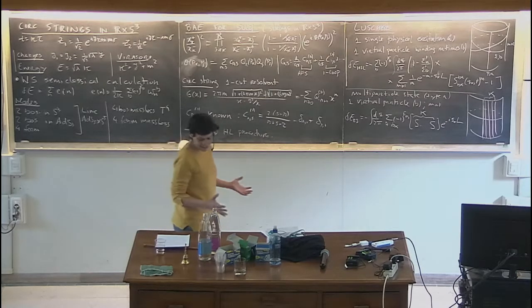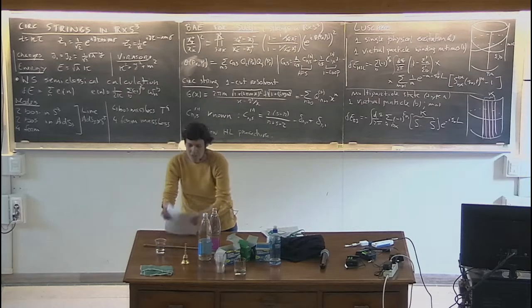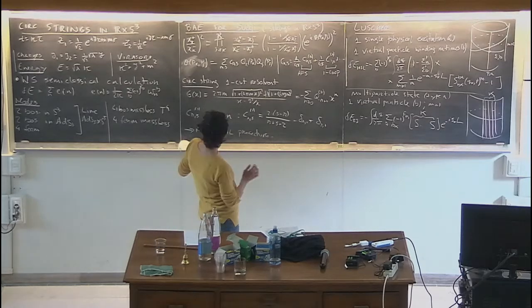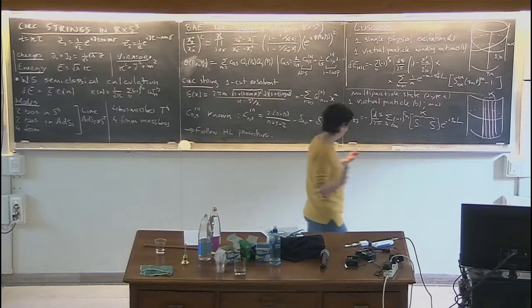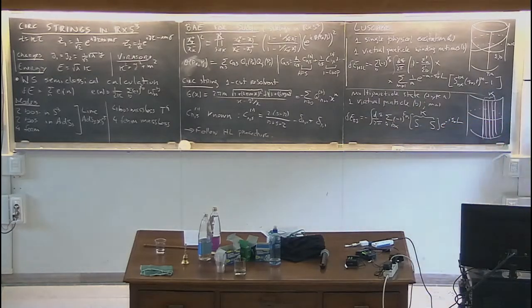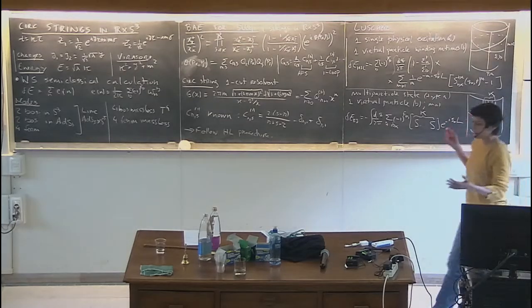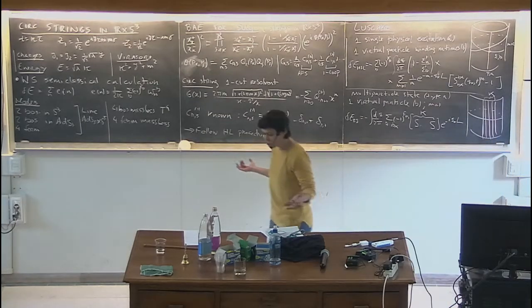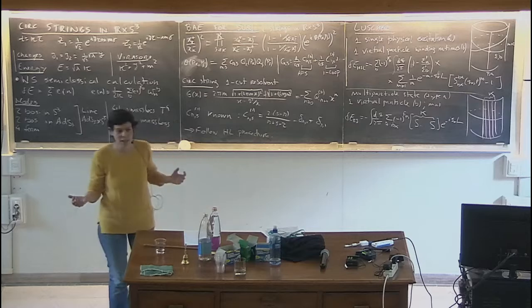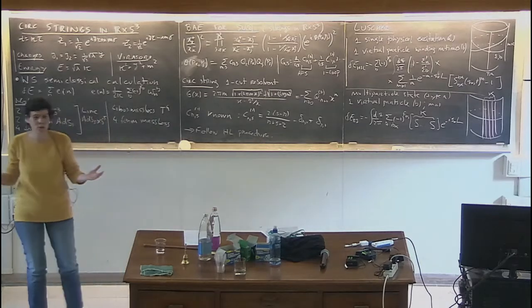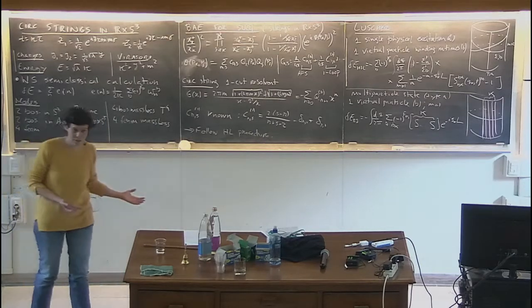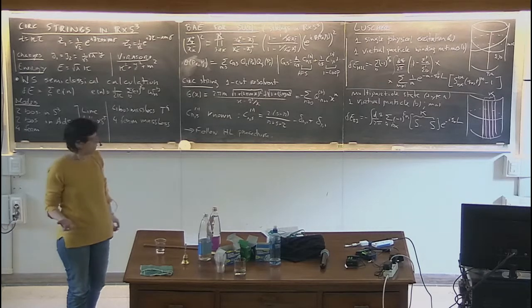So the main idea is that I am focusing on strings in AdS3 cross S3 cross T4, and I will be studying basically classical string solutions and their semi-classical behavior, and trying to compare to what integrability tells us that this behavior should be.